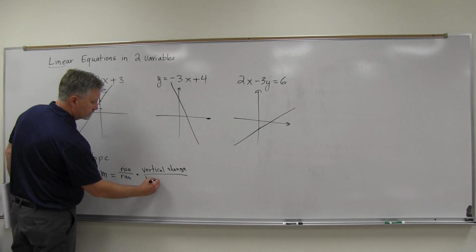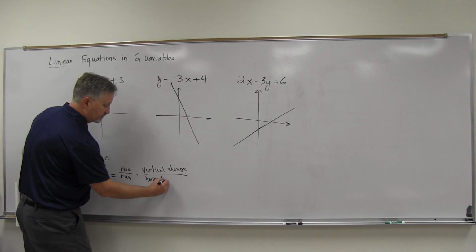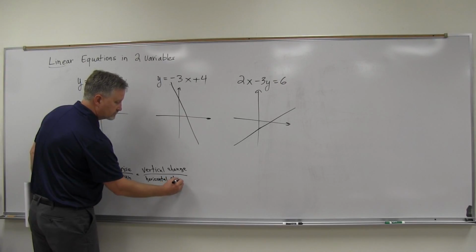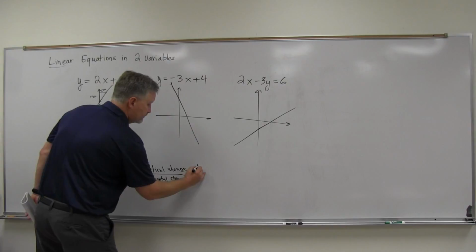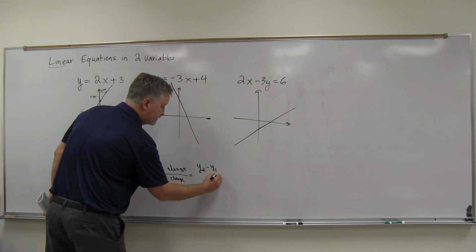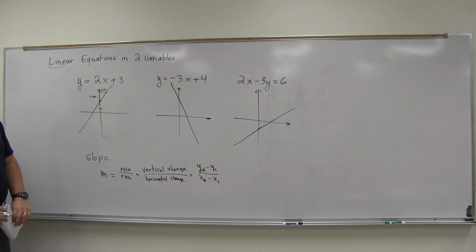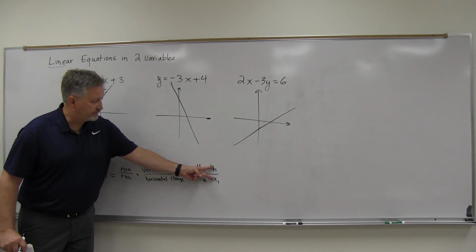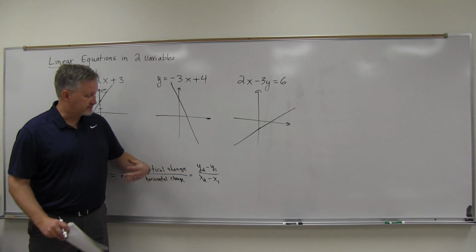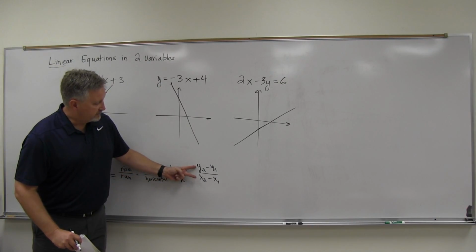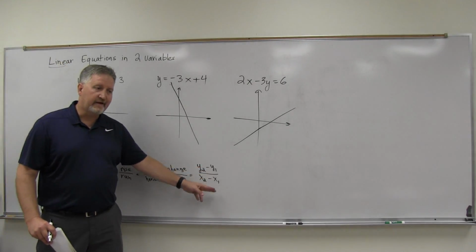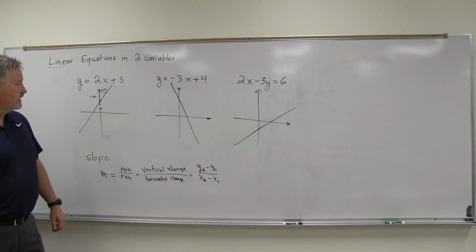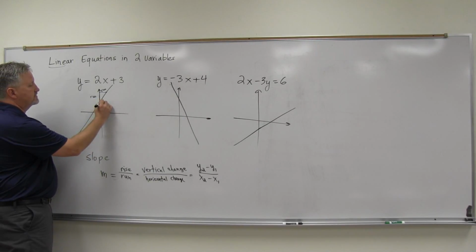y2 minus y1 over x2 minus x1. Okay, there's a slope formula, isn't there? The difference of the y's over the difference of the x's. y2 minus y1 over x2 minus x1 is usually the way that we designate that. But that's just between two points, the slope between two points on the line. You take the difference of your y's over your difference of the x's. x2, y2 is one point, x1, y1 is the other point.